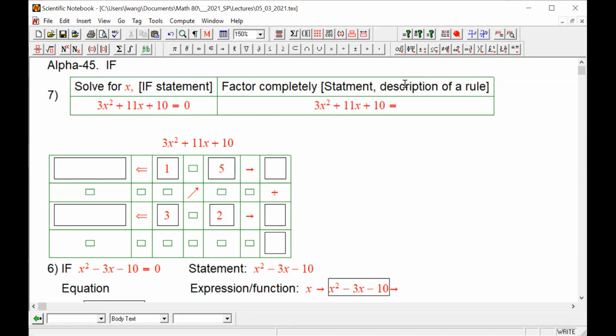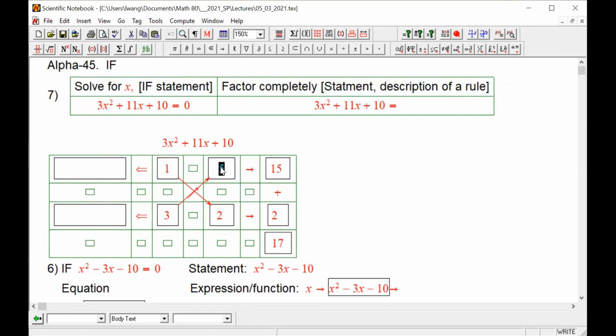And then I'm going to do the cross multiplication. 3 times 5, and I got a 15 here. I'm sure some of you probably already found the factors. I'm doing trial and error. 15 plus 2 is 17. 17 does not match positive 11. Therefore, this is not going to work.